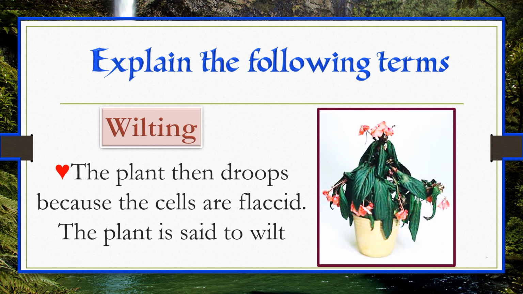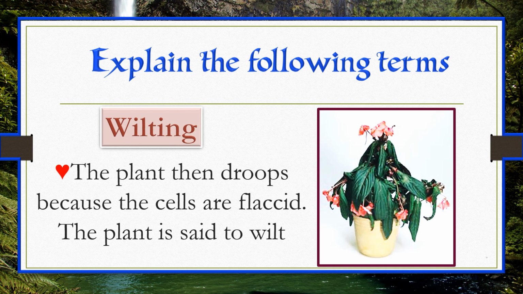The plant then, after losing its turgidity because the cells have lost a lot of water, droops because the cells are now flaccid. Therefore, we say the plant is said to wilt.